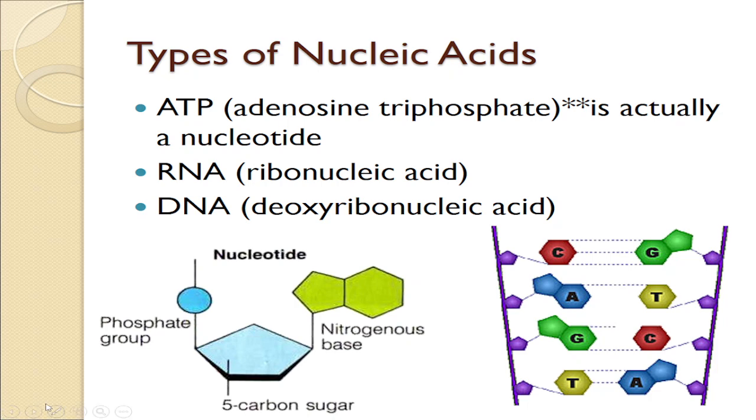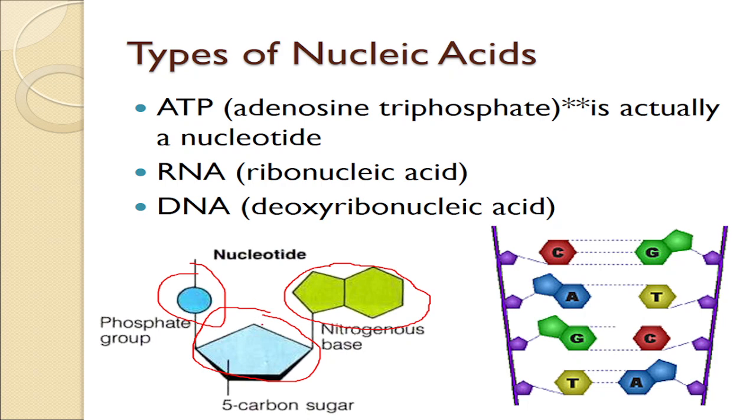One is the nitrogenous base, which is right here, and later on we are going to study what this nitrogenous base is. We have a 5-carbon sugar somewhere right here, and we have the phosphate group.